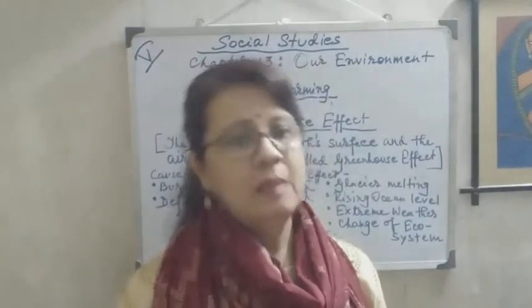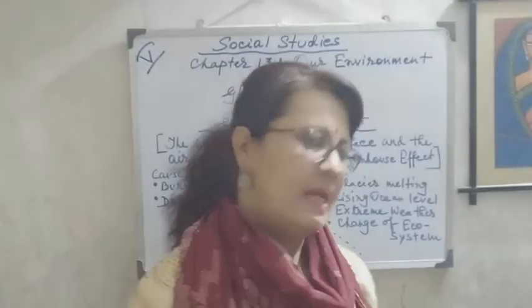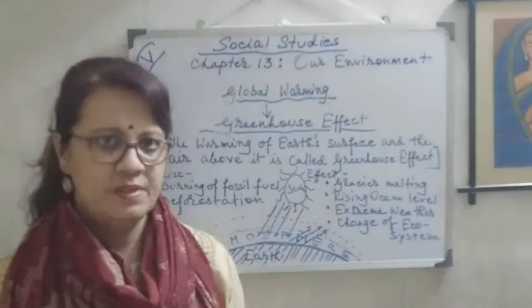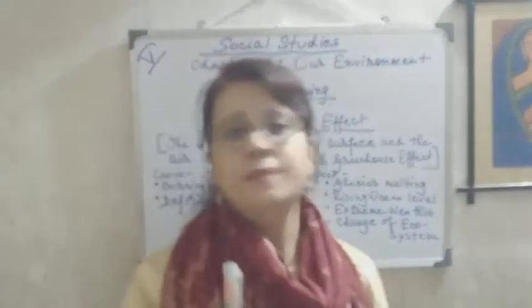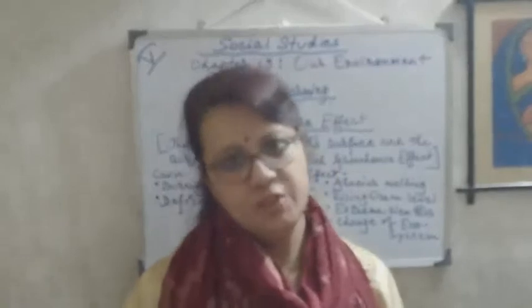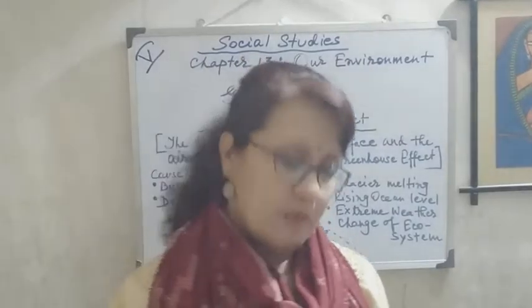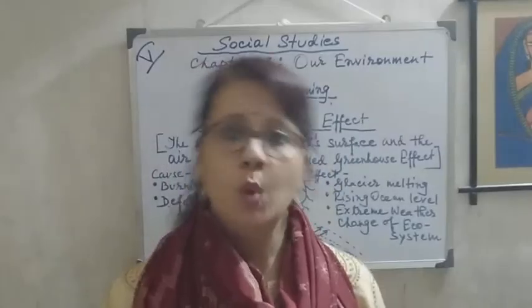So there are two types of environmental hazards, as I told you in our previous class. Number one is ozone depletion. Ozone depletion causes what? Ozone hole.